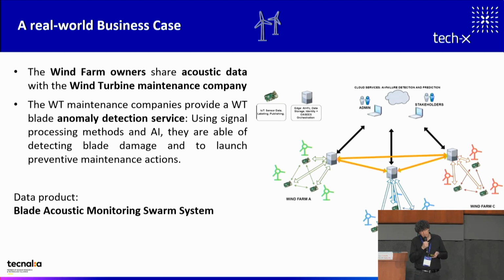And on the other hand, we have the maintenance companies that could gather all this information, could provide advanced analytics on this information, could provide these acoustic emission signals, and could work on this advanced anomaly detection service for the wind farms. So the data product is a kind of optimized blade acoustic monitoring swarm system.